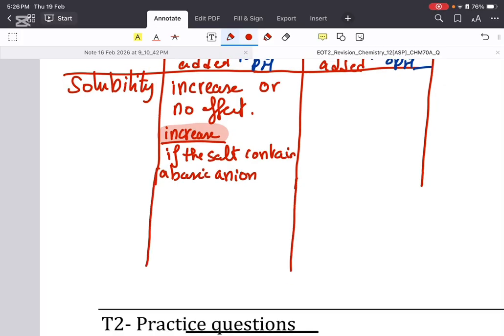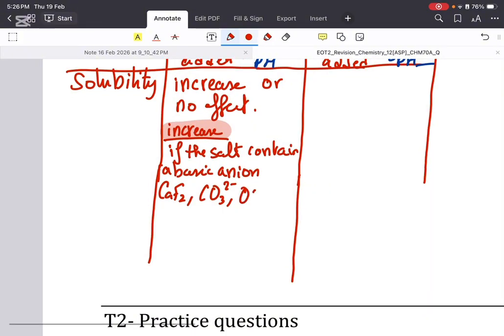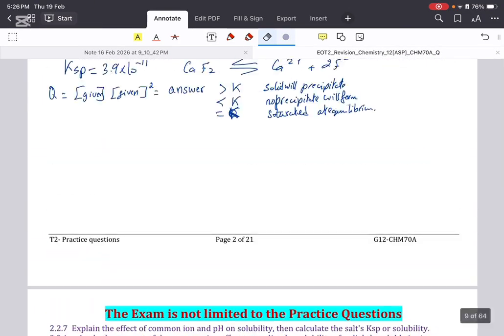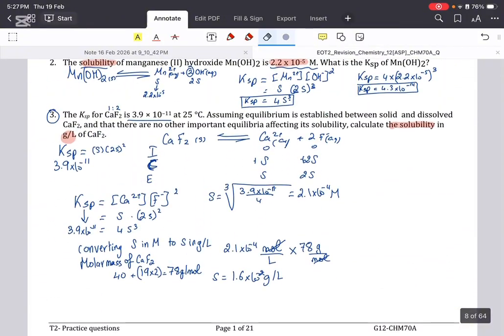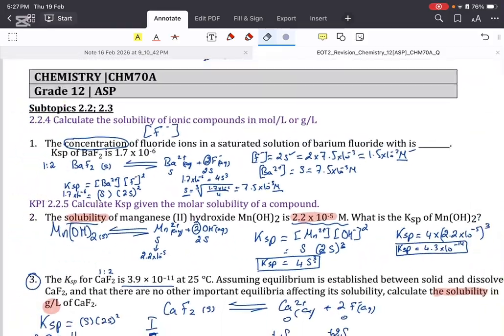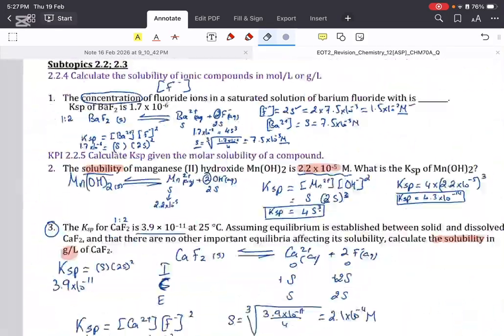What do you mean by a salt with a basic anion? I mean, for example, CaF2, or any example containing ions like carbonate, hydroxide. Like in the first question we got Mg(OH)2, magnesium hydroxide, or here I have barium fluoride.